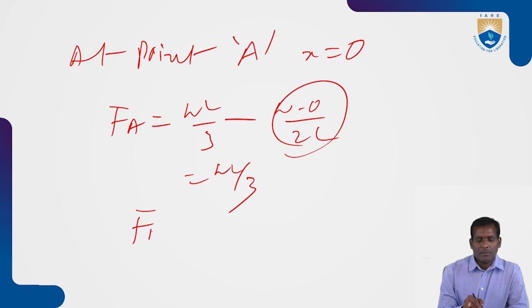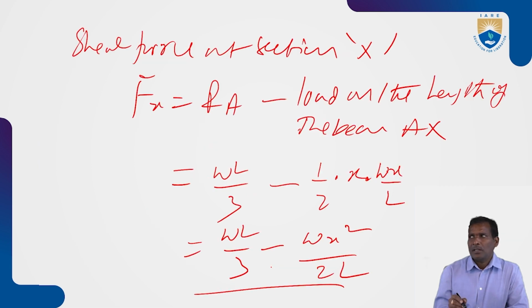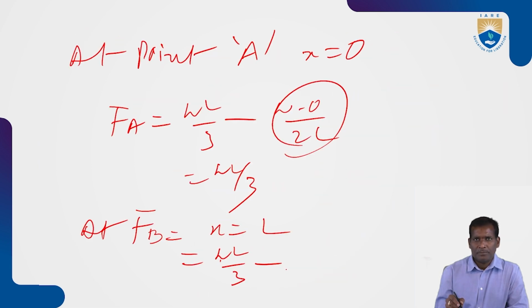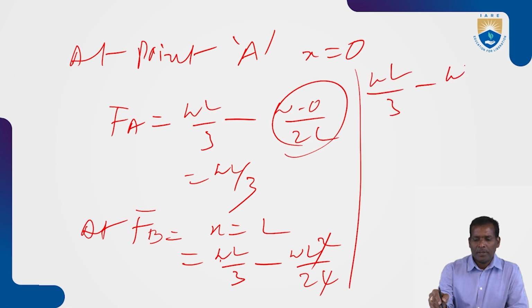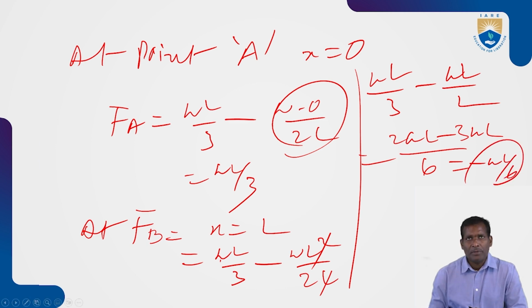At B, X is equal to L, so WL by 3 minus WL square by 2L. The L gets cancelled here, so WL by 3 minus WL by 2. So you will get minus WL by 6 at B.